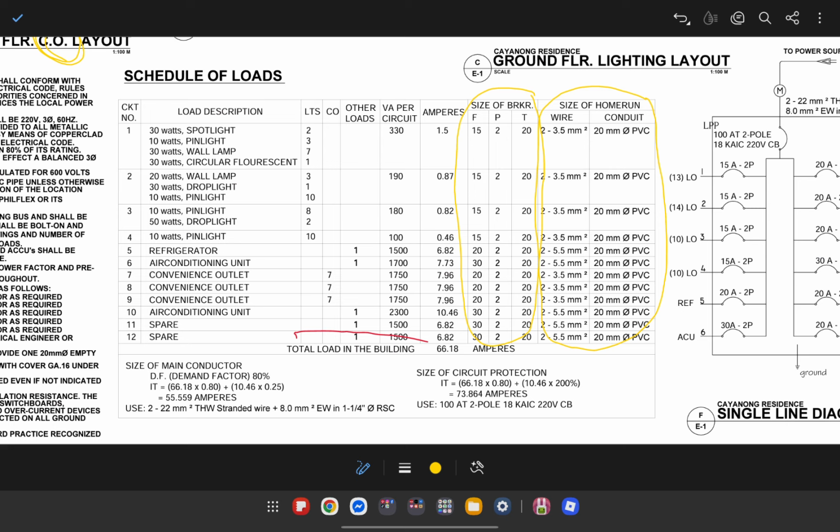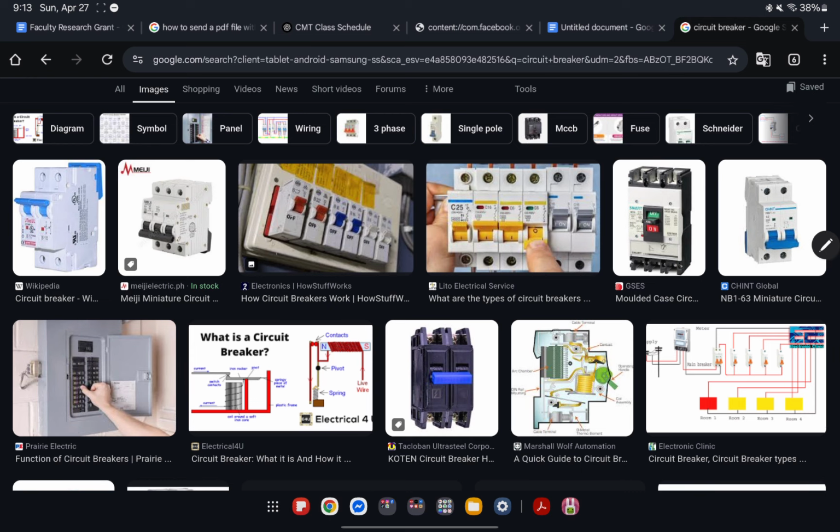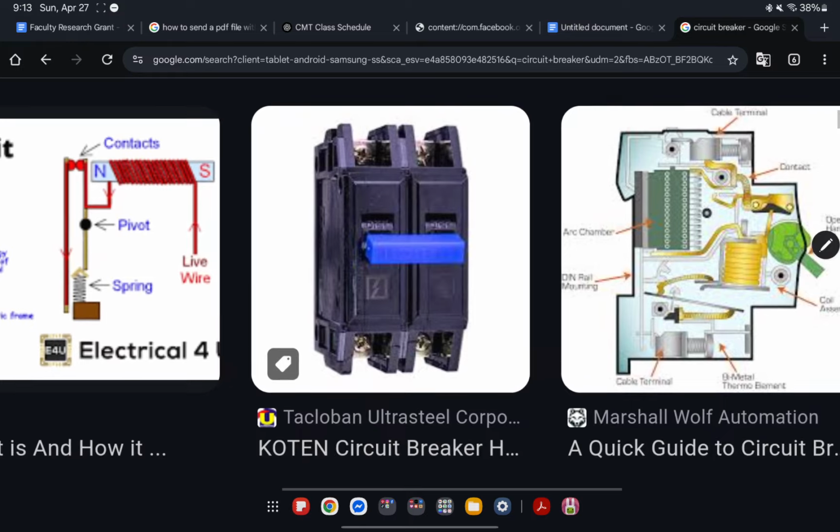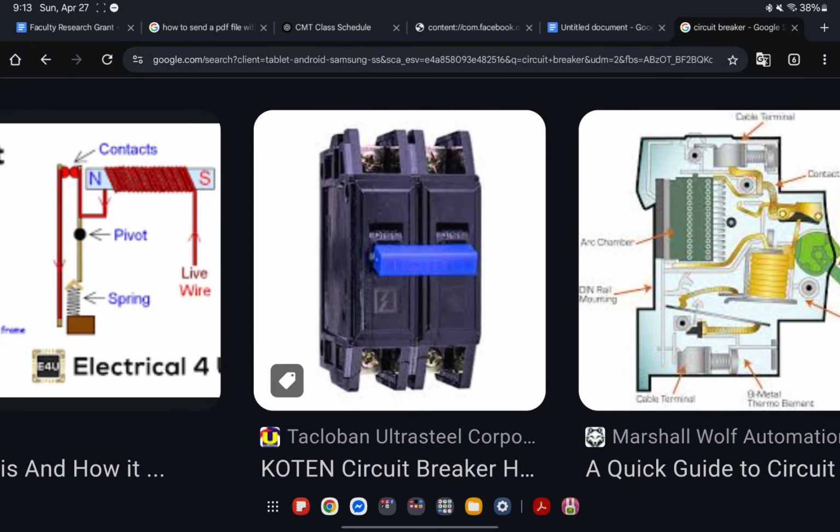So let me show you first what a circuit breaker looks like. So this is an example of a circuit breaker. Each circuit will have its own circuit breaker.